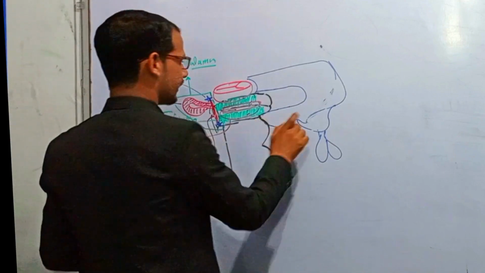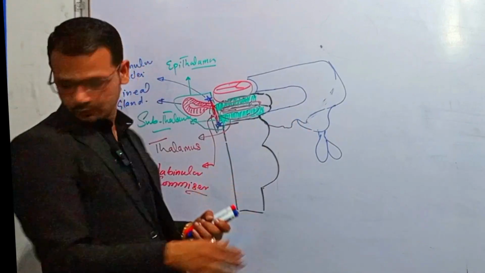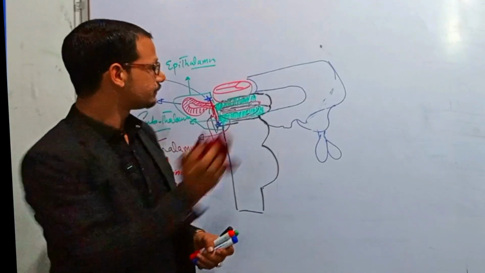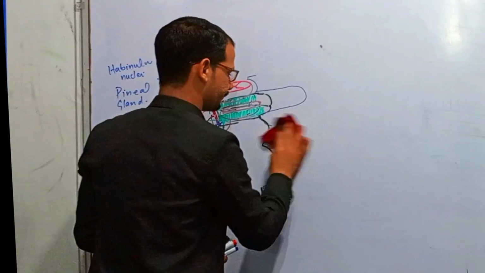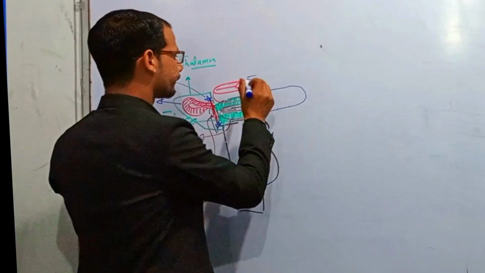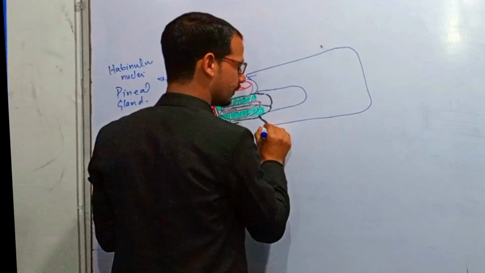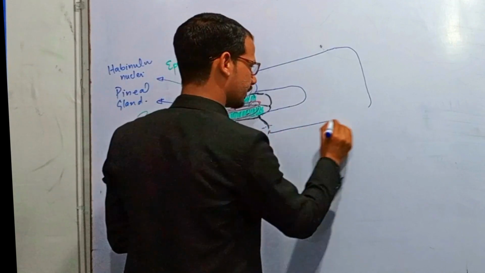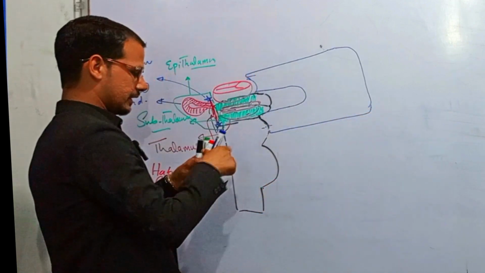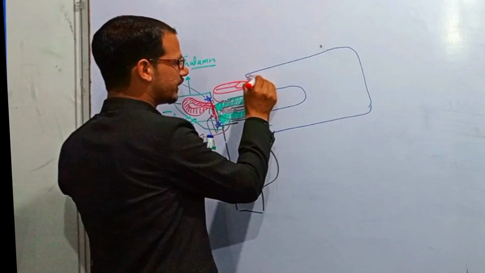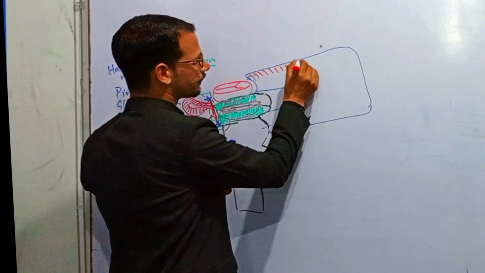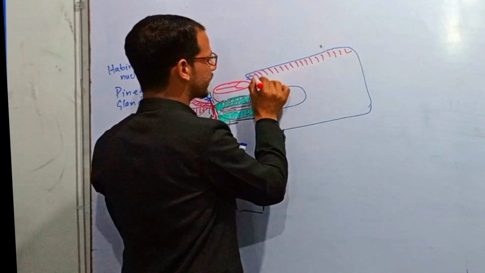For example, I have this hypothalamus. This red area is left lateral hypothalamus.